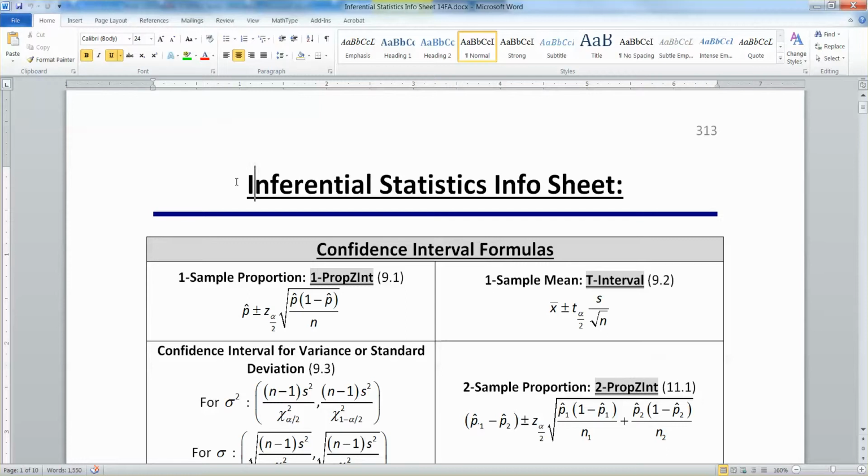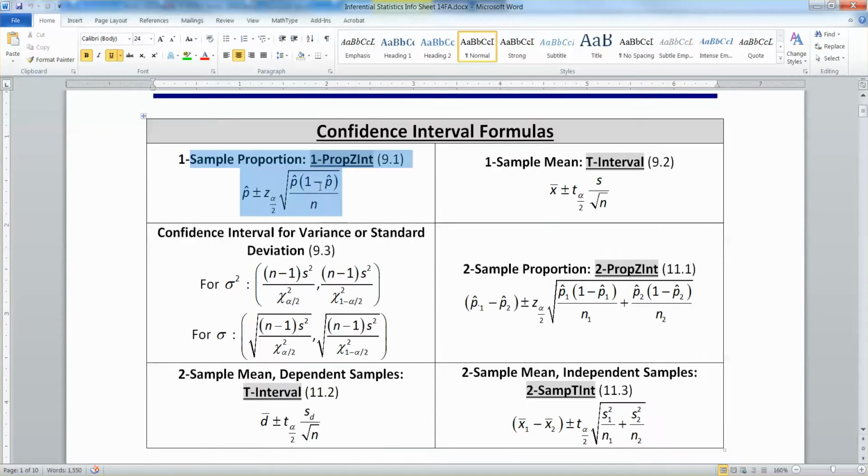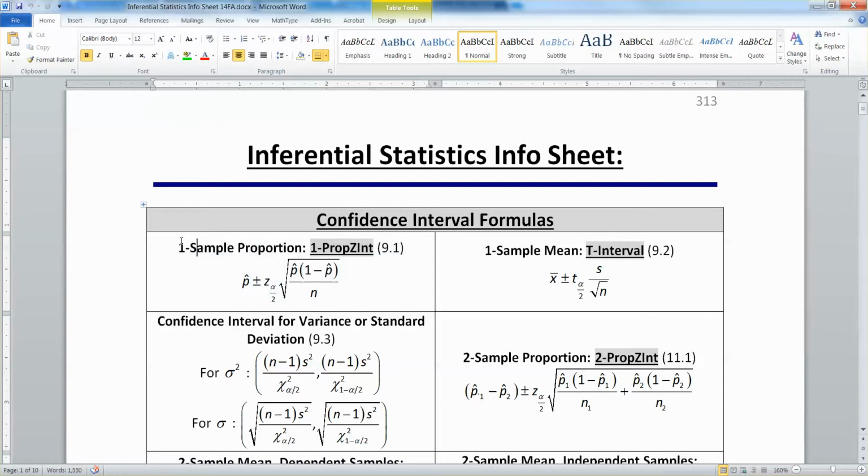It's in neon green in the most recent course pack. And you can see right here in the top left corner, I have this formula, p hat plus or minus z alpha over 2 square root p hat times 1 minus p hat over n. I even tell you what section you learned it in, which is section 9.1.